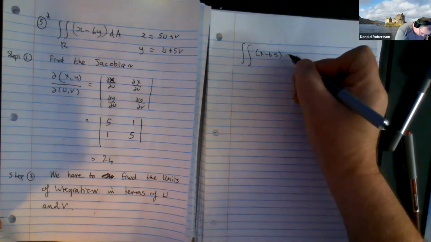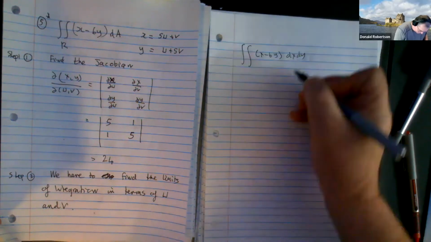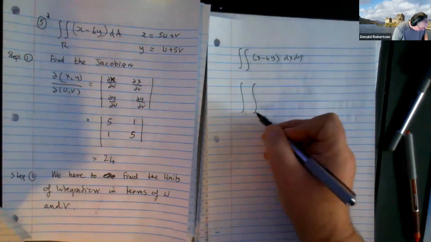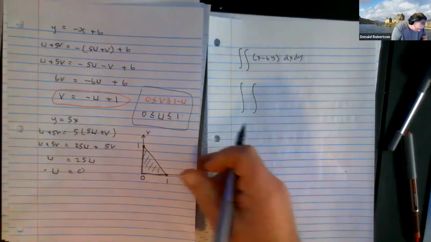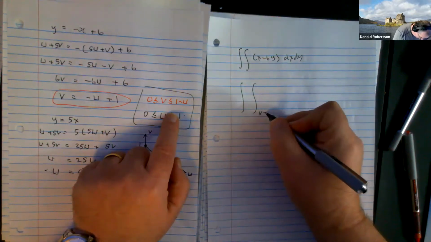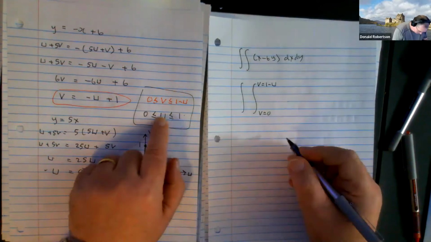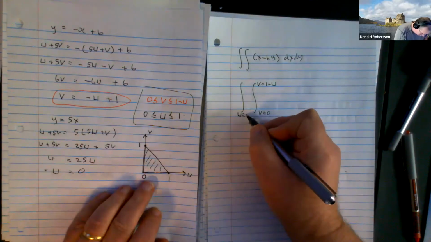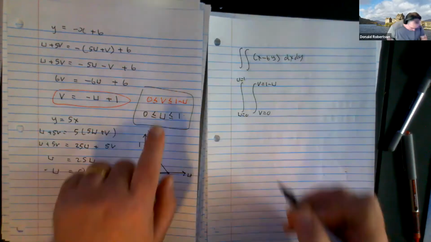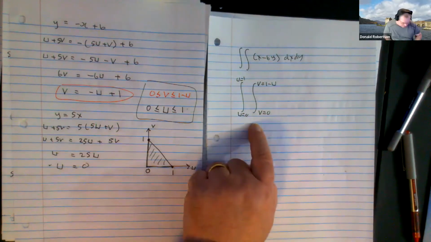And so the last piece of the puzzle is to take the original integral that we're being asked to do, right, this guy here, I'll call it dx dy, and it's now going to become v equals 0 to v equals 1 minus u, u equals 0 to u equals 1, right? That's what the limits of integration are telling us.